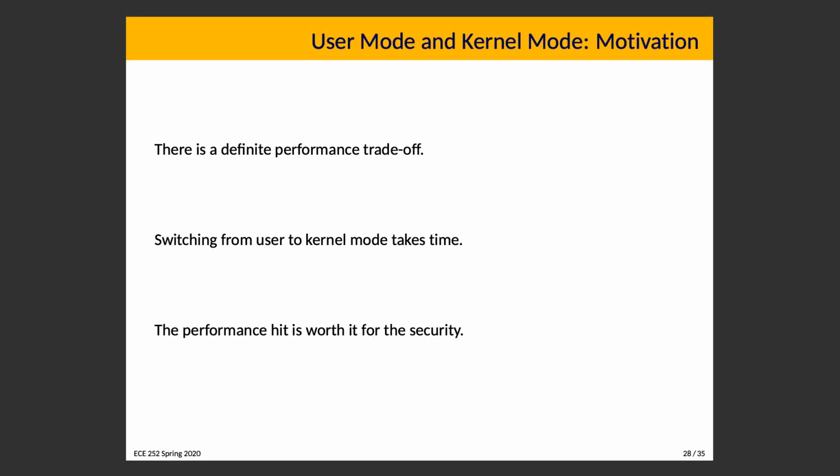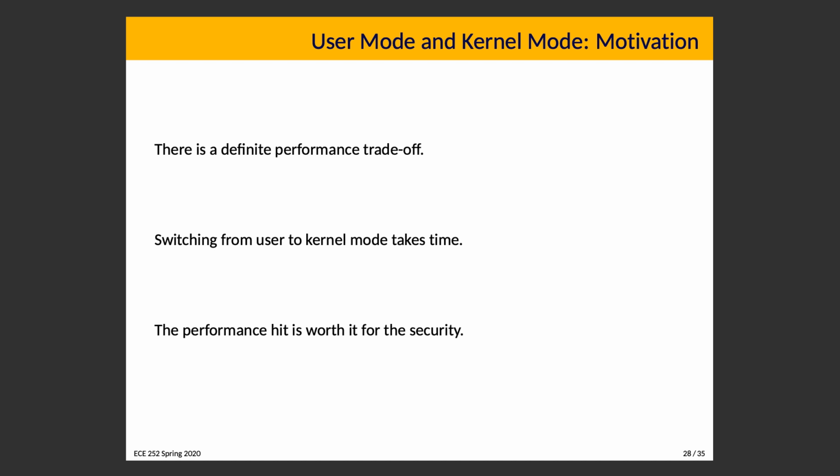Now, there is a definite performance trade-off for that. Exceptions are expensive, and they're also expensive in a regular program. If you have a try-catch, it's a reason why exception as control flow, as it's known, is an anti-pattern: you shouldn't be using exceptions for normal situations which you should be able to handle. You should use exceptions for exceptional cases.